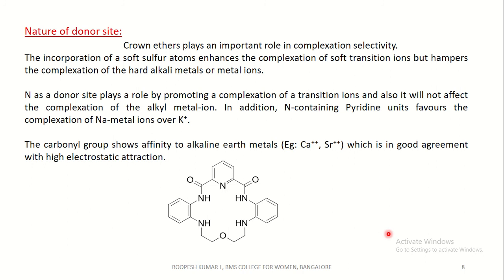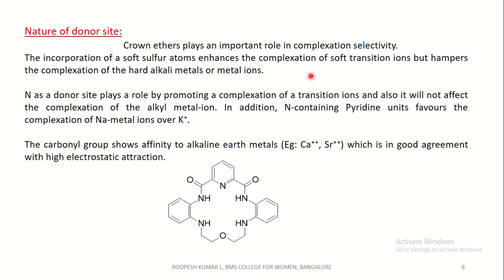The incorporation of soft sulfur atoms enhances the interaction with soft transition metal ions, but hampers the complexation of hard alkali metal ions. Nitrogen as a donor site promotes complexation of transition metal ions, and it does not affect the complexation of alkali metal ions.